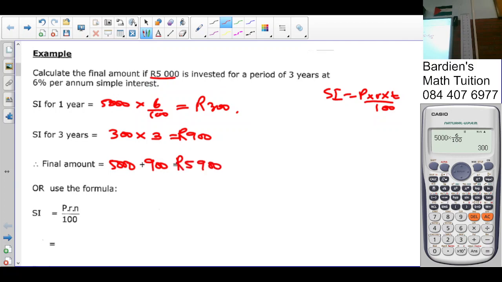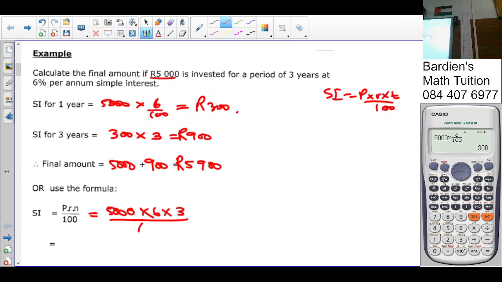Okay? Or you can use the formula. The formula says your simple interest is equal to P times R times T over 100. So what's your P value? 5,000 rand. Multiplied by R, which is 6%. 6 times your N, which is your time in years, which is 3 years.